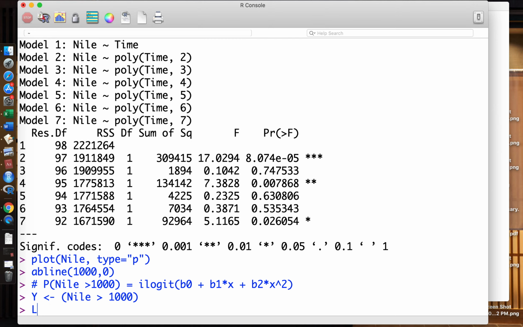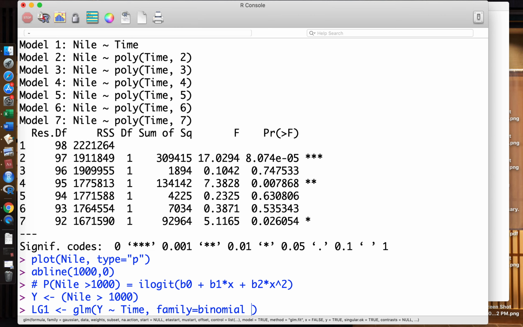So LG1, the usual logistic regression, is the GLM y tilde time, and we have to be careful that we have to specify family is equal to binomial. So default is logistic regression, and if we specify another link function, you can fit a probit model or some other models.